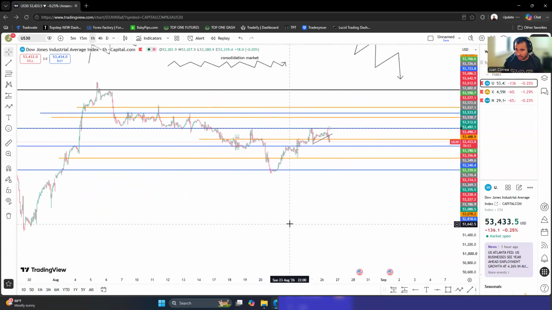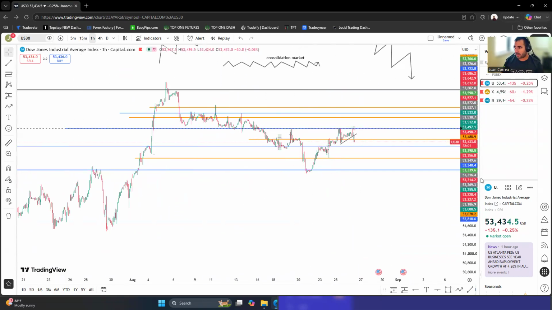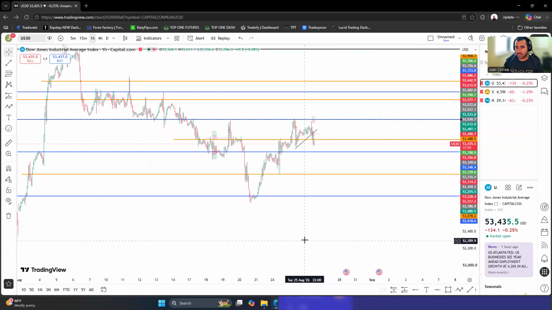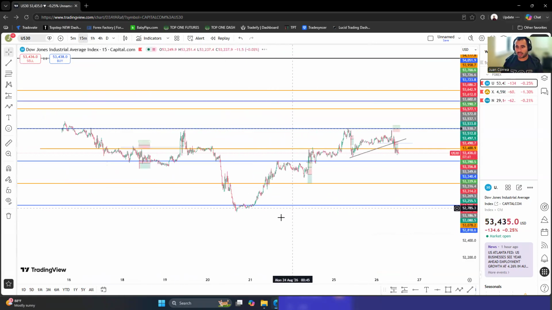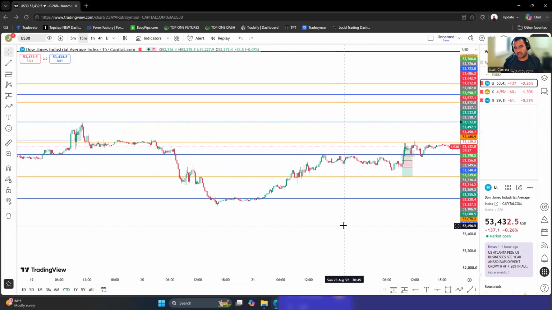So that's a bullish market. Now, let me see a bearish market. So this is a bearish market right here. Lower lows, lower highs, lower lows, lower highs. Kind of consolidation, but lower lows, lower highs, lower lows, and then just created lower lows. Let me try to see if I find a better example of this.